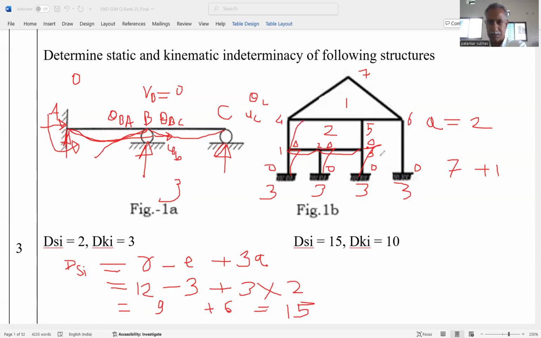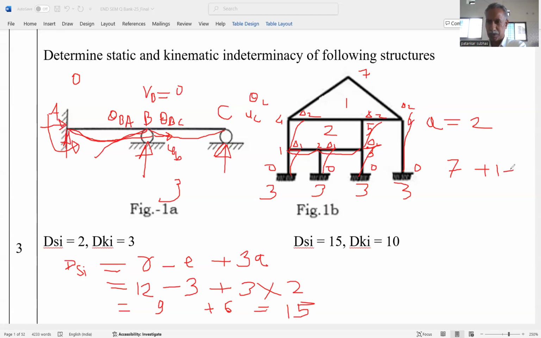That means it will move like this, and this value is say theta. So theta 1, this is delta 1, and this is delta 2. This is also delta 2.